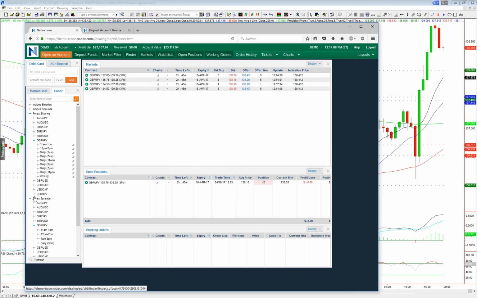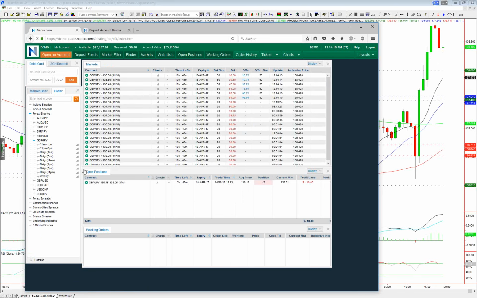All right, if you prefer to trade binaries, for example, we could be looking here at the daily 11 p.m. contract, and this one still has 10 hours and 45 minutes left until expiry. Remember, those options, both spreads and binaries, always have a time to live. They always expire at some point in time.